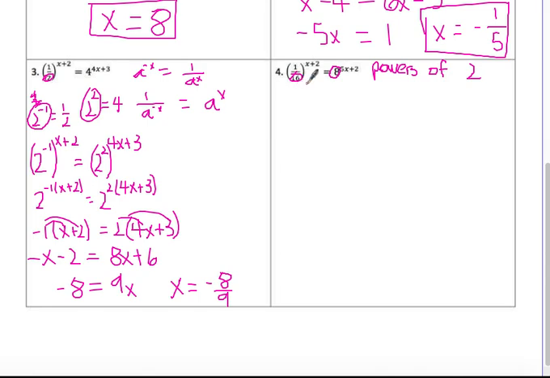So these are both powers of 2. And I know 1 over 16 is going to be 2 to the negative 4. Since 2 to the positive 4 is 16, 2 to the negative 4 is 1 over 16. And 2 to the third is 8.